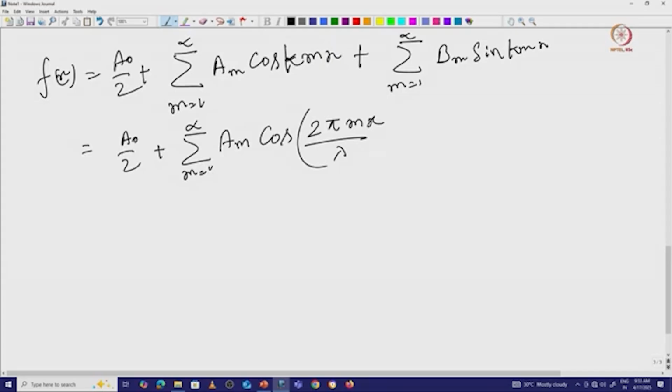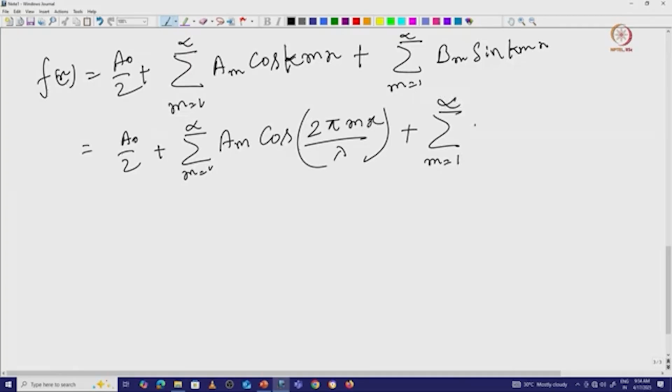We are bringing lambda here because this is the spatial frequency. The spatial frequency we are replacing by lambda. So, here the angular part is there, lambda is there, which helps us to explain that wave properly.